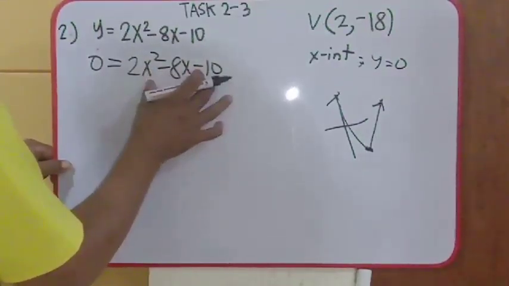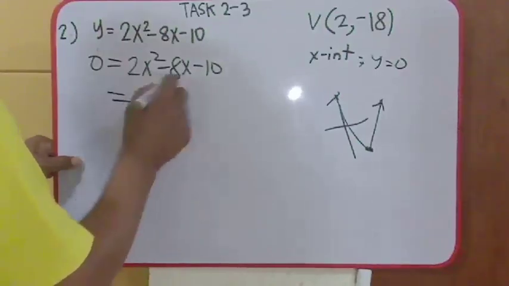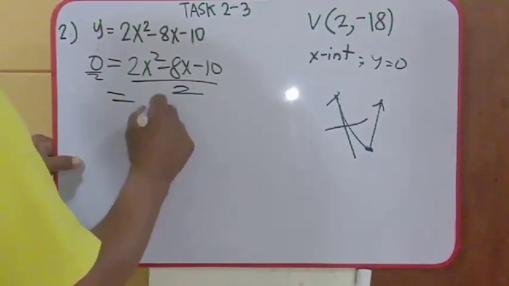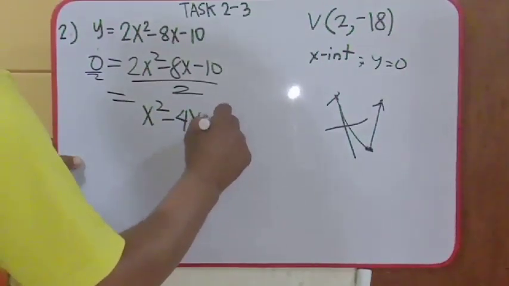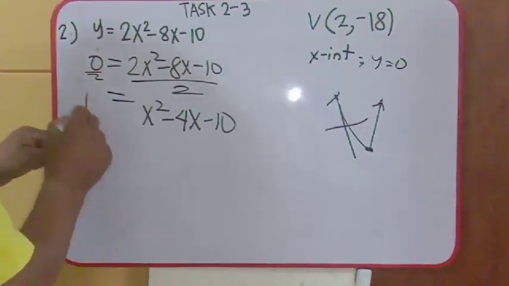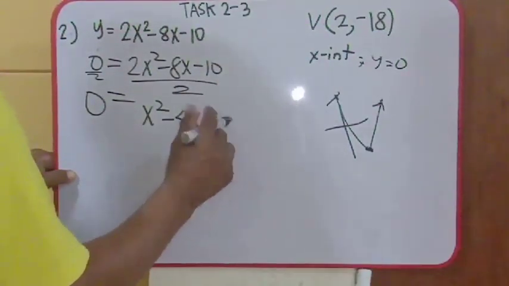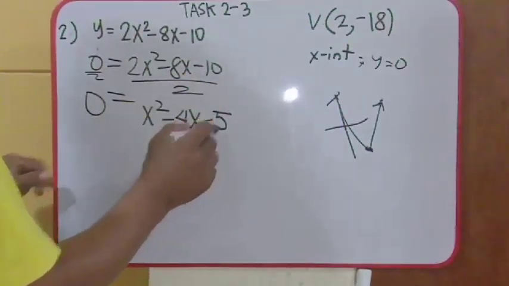Okay? So, this one is divided by 2. So, we have x squared minus 4x minus 10. Okay? Next. Oh, sorry. This is 5. So, negative 10 divided by 2, that is negative 5.